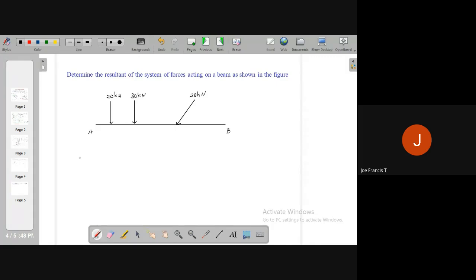So if you look at the distances, suppose this distance is 1.5 meter. Distance between these two is again 1.5 meter. This distance is 3 meters. To avoid confusion, maybe I'll put some arrowheads.